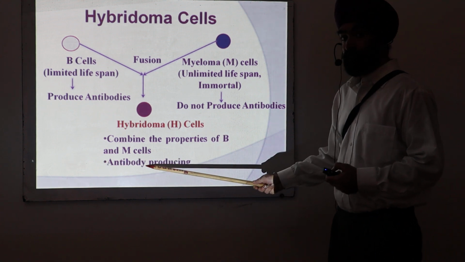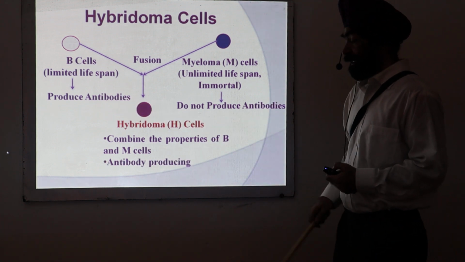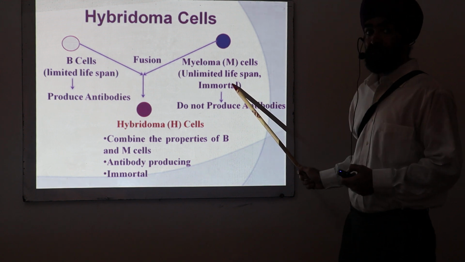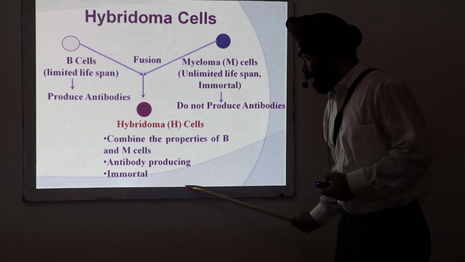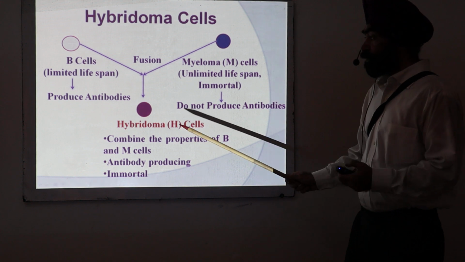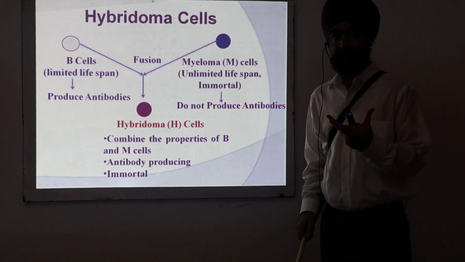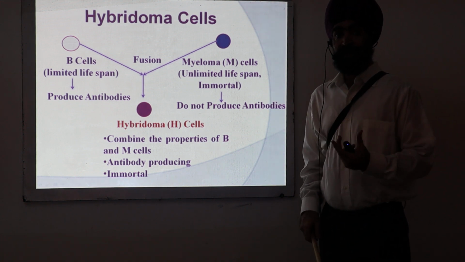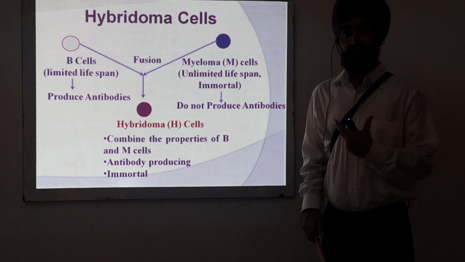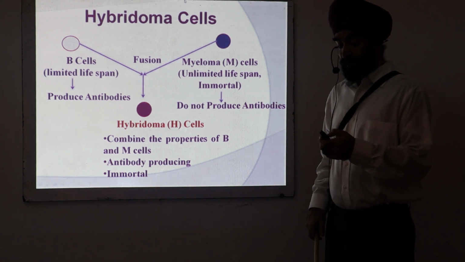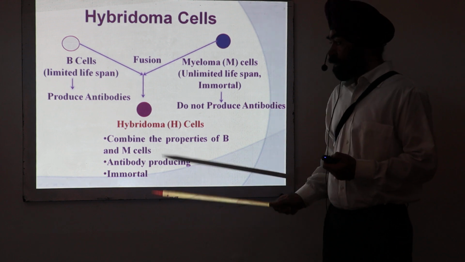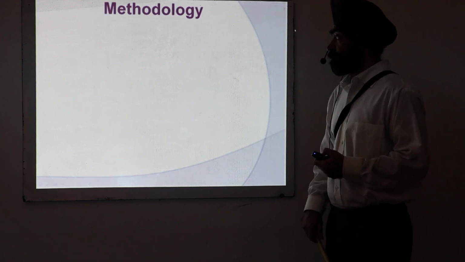It produces antibodies, which comes from the B cell side. Second, it is immortal and will not die, a property coming from the M cell side. So you are creating cells which produce antibodies and do not die. They continuously divide and you get a lot of antibodies. This is the beauty of hybridoma cells.